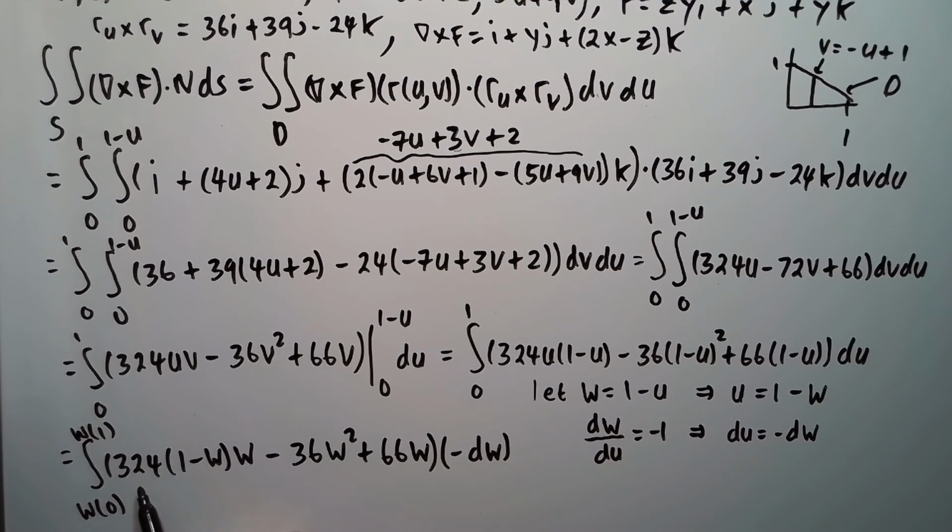Making that substitution, we get 324 times 1 minus w, that's in place of u, times my 1 minus u, which is w, minus 36 w squared, and plus 66w, then du is minus dw. Now w of 1, put a 1 here, it'd be 0, and w of 0 would be 1. So I could turn those around and introduce a minus sign, and we'll cross off with that minus sign, so let's do that.